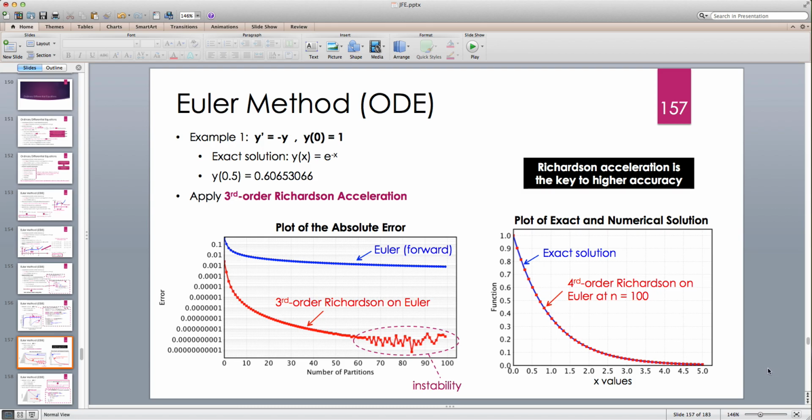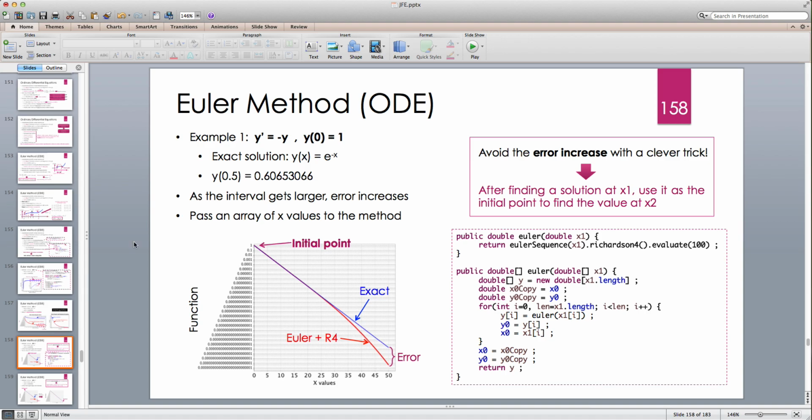And remember, as I mentioned, as we try to find the solution at farther points away from the initial point, which is 0, the error increases because it's proportional, in some sense, to the length of the interval b minus a, right? And that eventually brings us here. If I look at the x values, the blue curve here is the exact solution at any x, right?